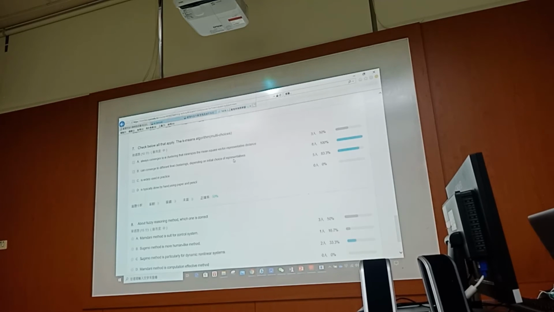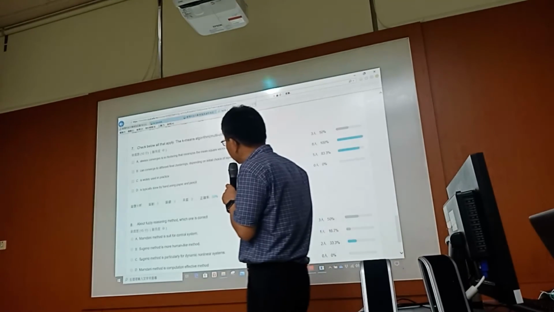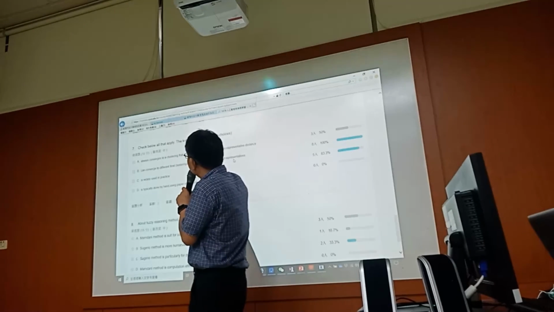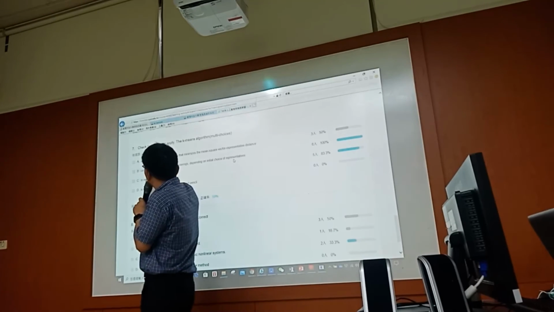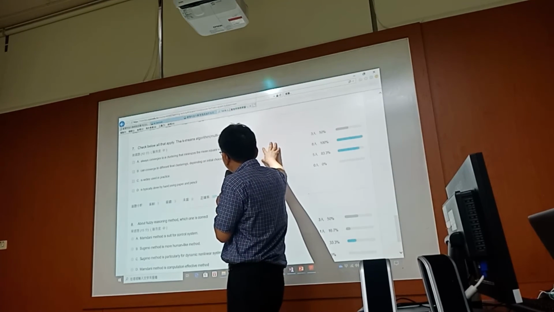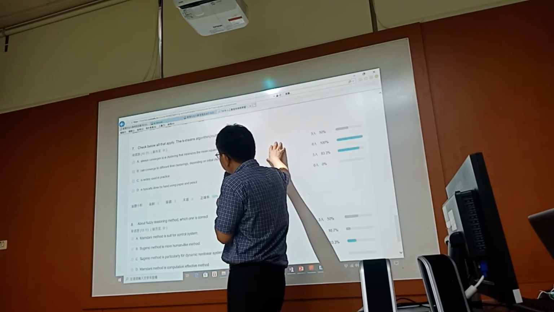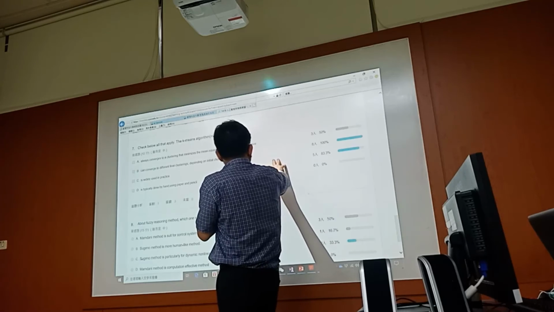Check below all the applicable statements about k-means. This is a multi-selection, so the answer is B and C. K-means always converges to a class that minimizes the mean square representation distance.